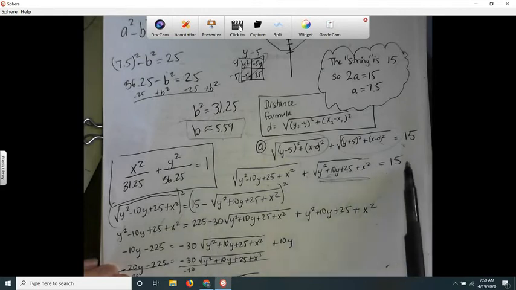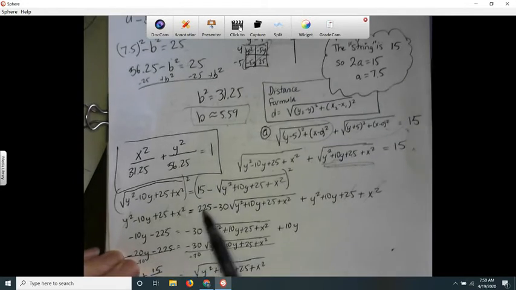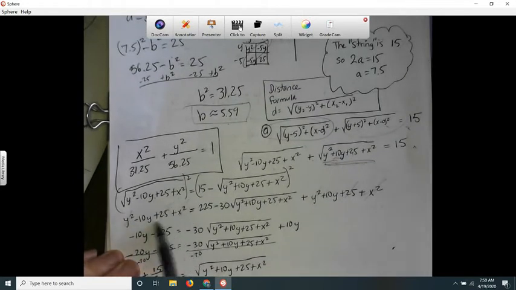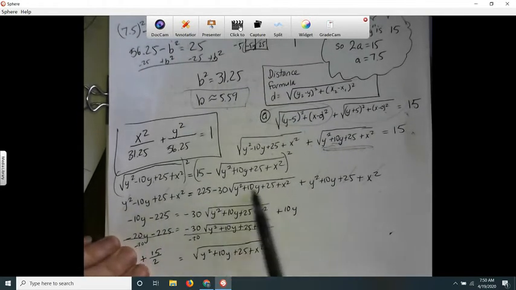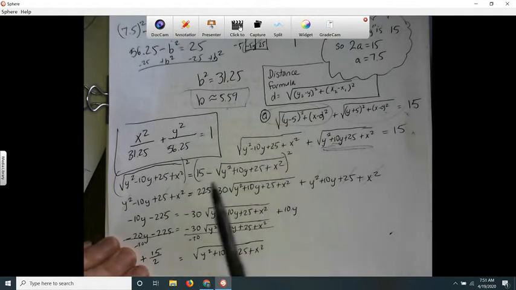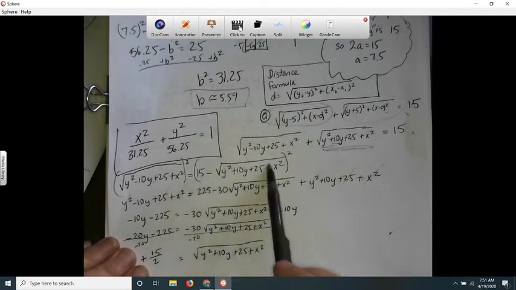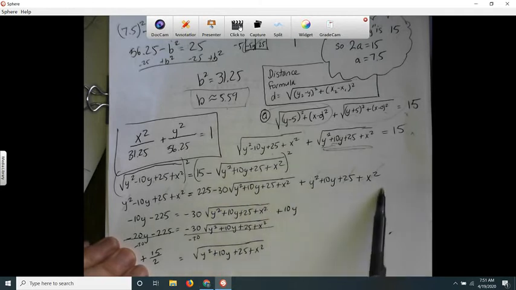So see, I went 15 minus this, and I'm squaring both sides. That made the square root leave the left hand side. The right hand side, I squared it out. It's a binomial. So you take the first thing squared, and then the first thing times the second thing times 2, that's where the negative 30 came from. And then the second thing squared, just the square root sign comes off.